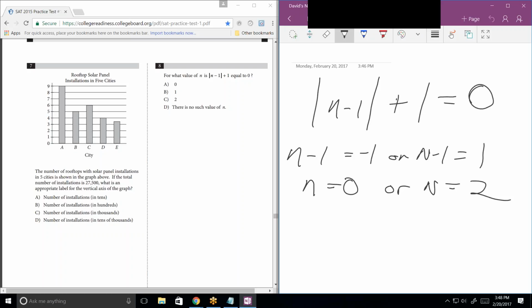No. Oh, wait. In other words, I came up with two solutions. One of them can't work because it's the opposite. Which one works? Neither. You got it. There's no such value of n.